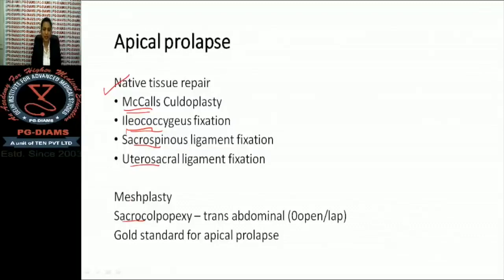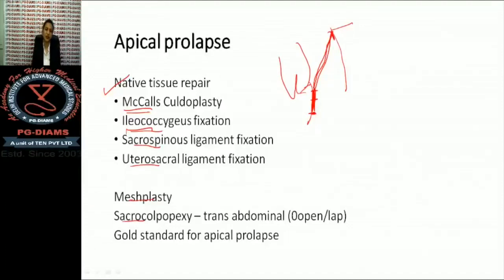Then mesh plasty, sacrocolpopexy. Now sacrocolpopexy, as the name suggests, see if this is your sacrum and that's the vagina which is descended down. What is done in sacrocolpopexy is there's a mesh. I stitch one end of the mesh, a broad part, to the posterior vaginal wall, upper posterior vaginal wall definitely, and then the other end of the mesh is stitched to the anterior longitudinal ligament over the sacrum.